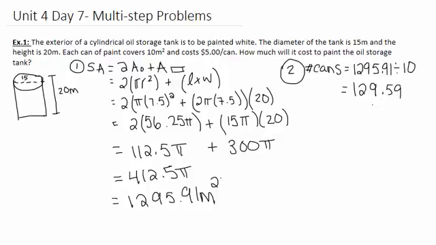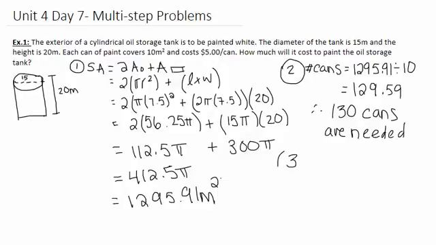So we're actually going to need to buy 130 cans because of this extra 0.59 that needs to be painted. If we were to only buy 129 cans, we wouldn't paint that extra bit. So therefore, we need 130 cans to cover this cylinder tank.